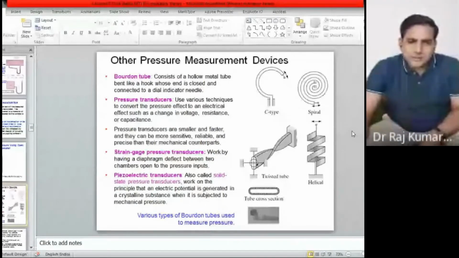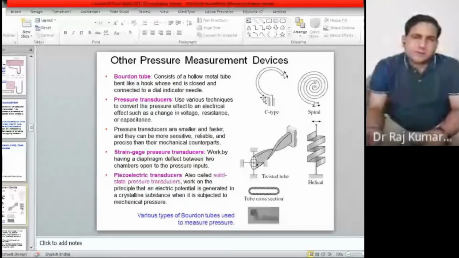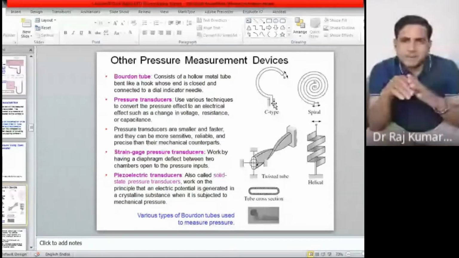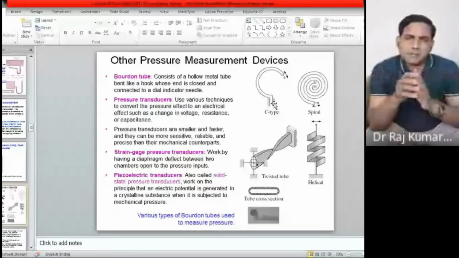What you have first is a Bourdon tube here. It is just like a C type of shape. This is the material; I think material properties have been taught to you. Some materials have linear expansion, some exponential, and you might have studied this, right?